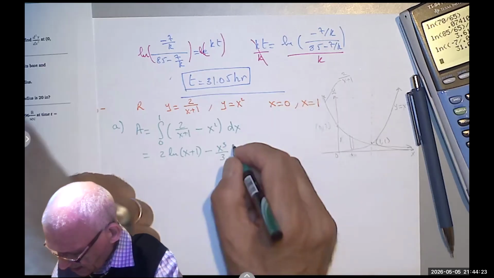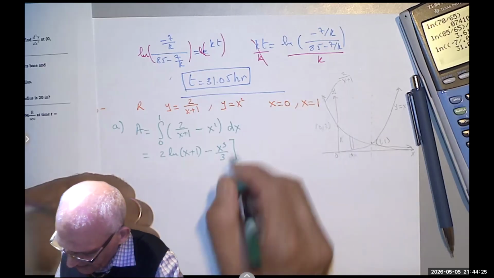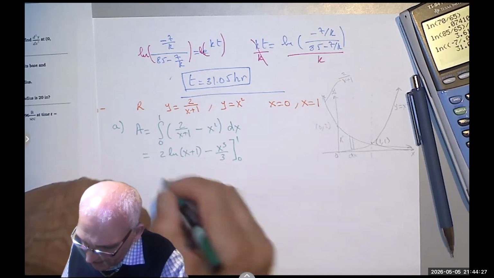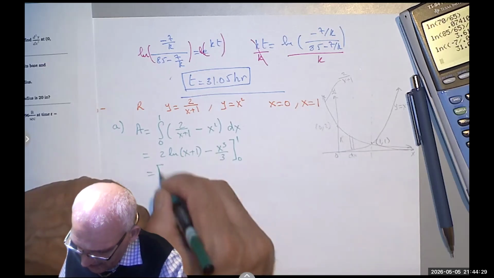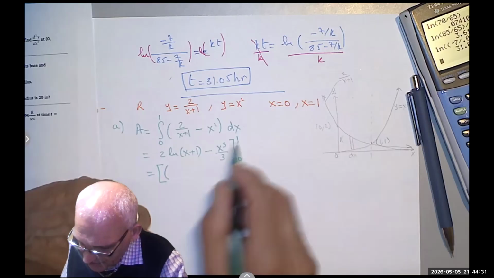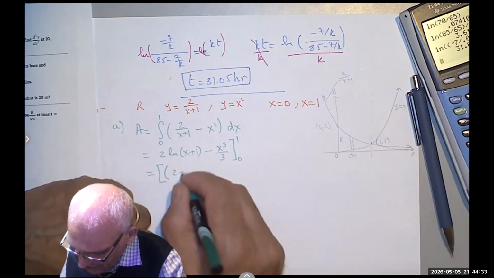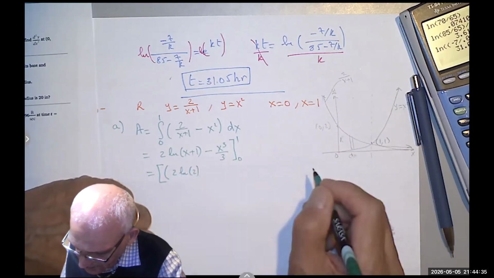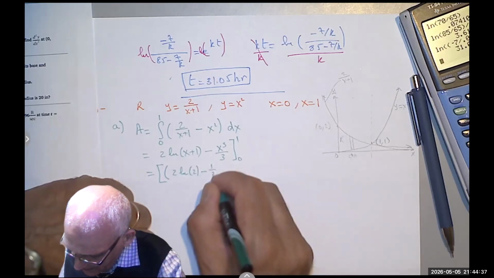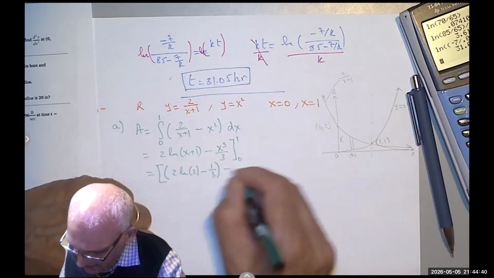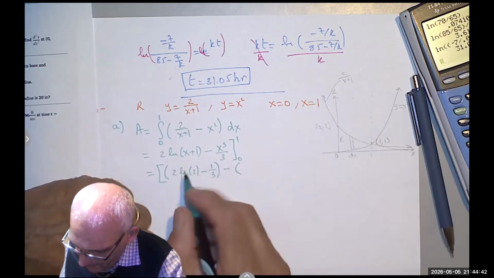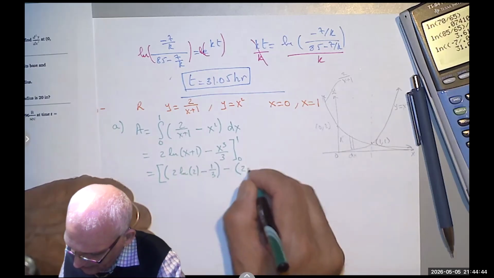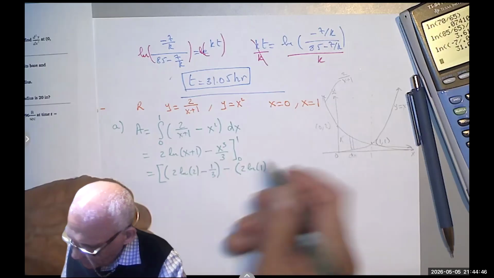Doesn't matter. We are going to just leave the natural log, going from 0 to 1. So it equals, in the first part, I substitute x is 1, so you get 2 natural log of 2 minus 1/3. Minus, when you substitute 0, you get 2 natural log of 1, but natural log of 1 is 0.